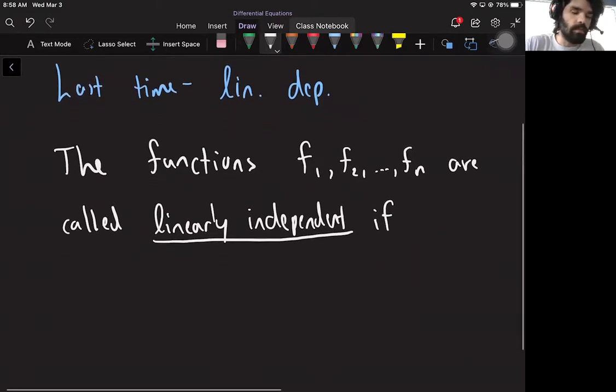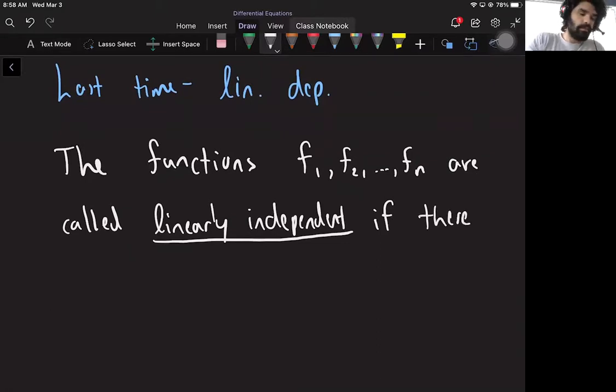So dependence was if there were some constants that do something. So linear independence is if there does not exist such constants.